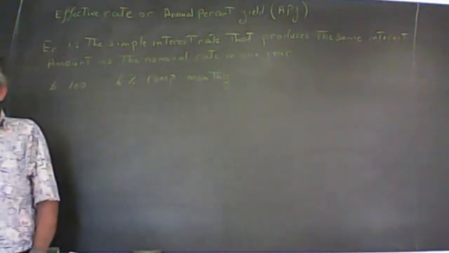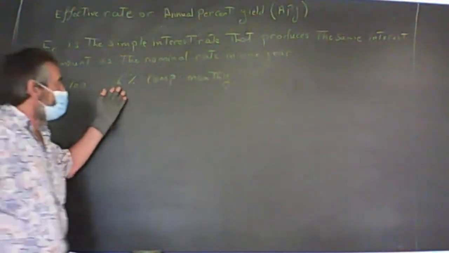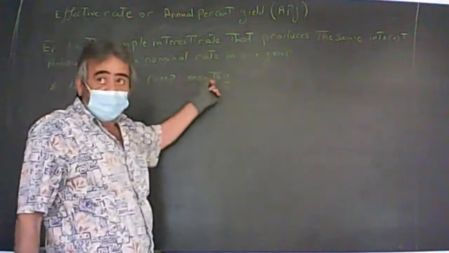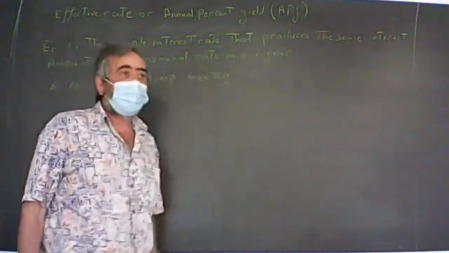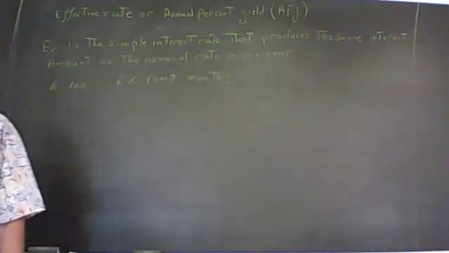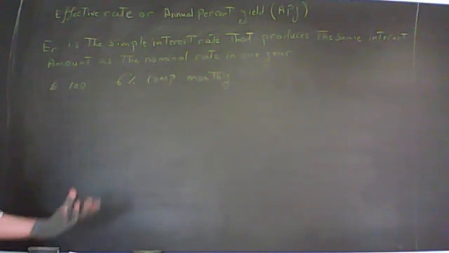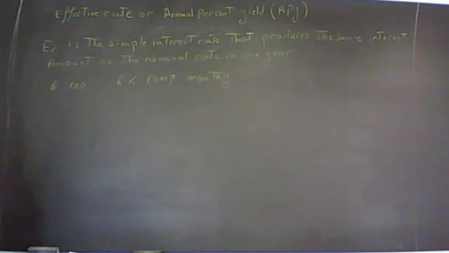Because this percentage is compounded monthly, it's a nominal rate. Yeah, this is your nominal rate. So any compounding period other than a year will be the same as a nominal rate, right?